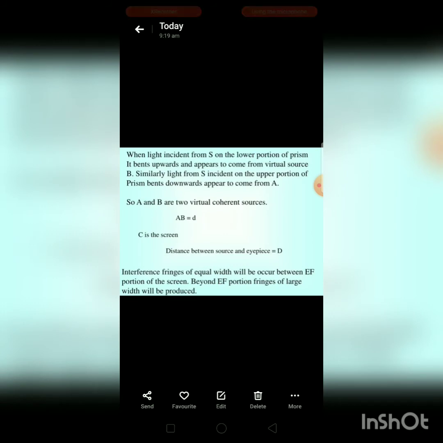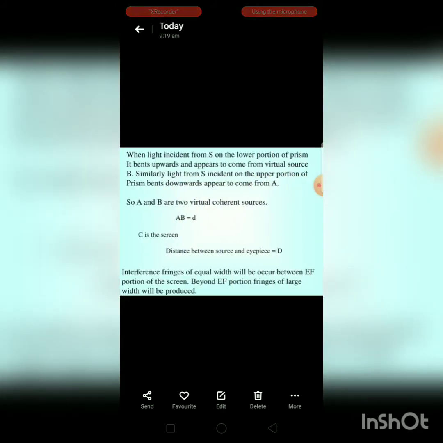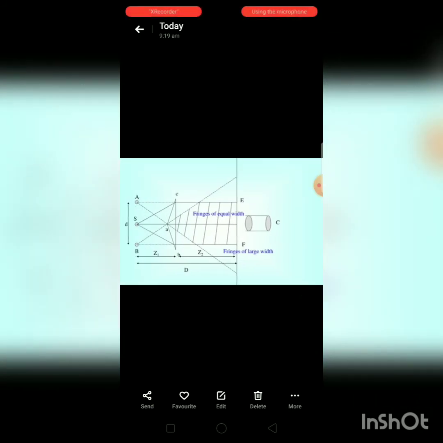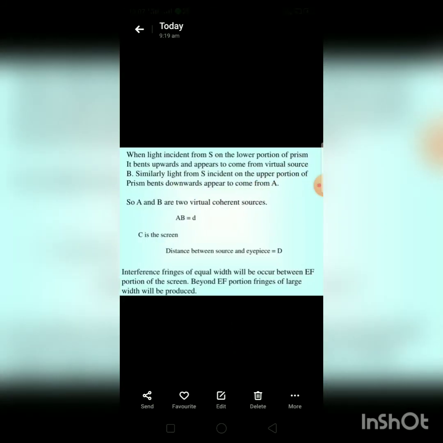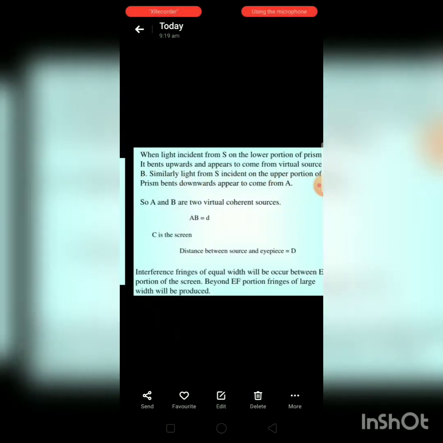When light from the source is incident on the lower portion of the prism, it bends upward and appears to come from the virtual source B. Here are B and A, the two sources S1 and S2.